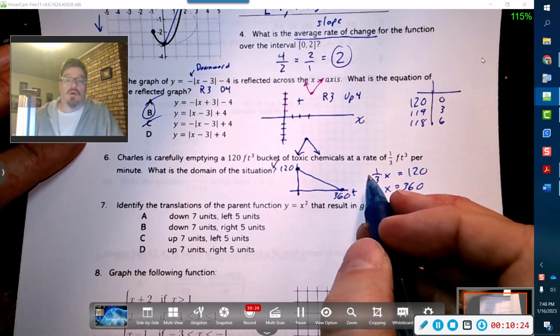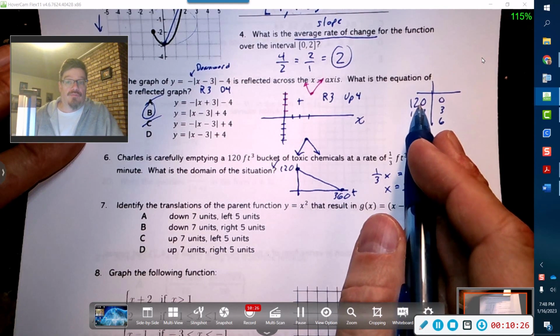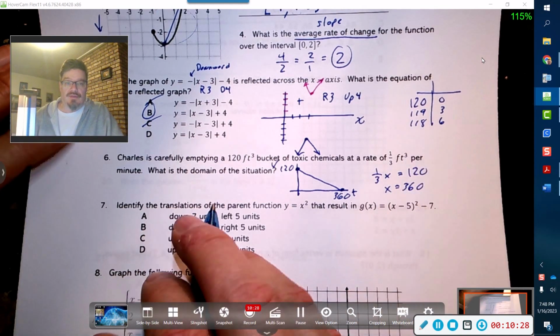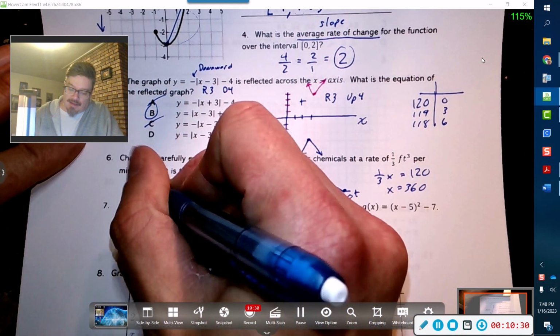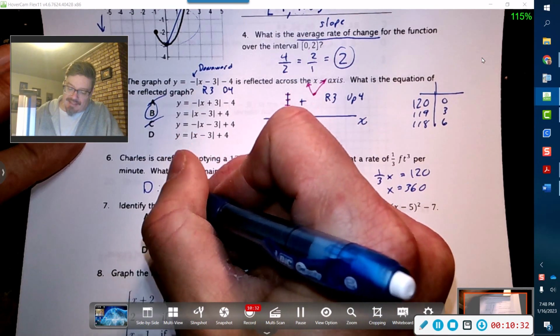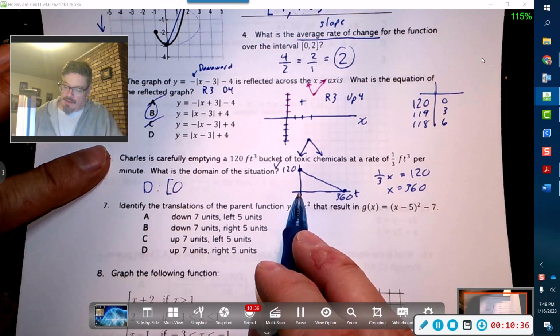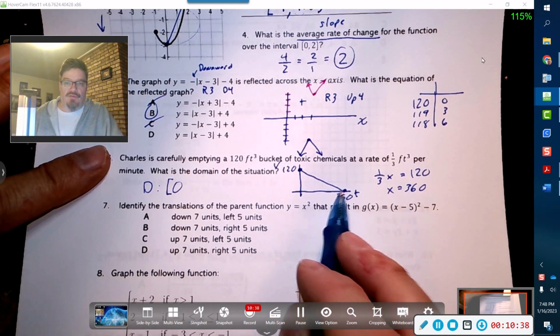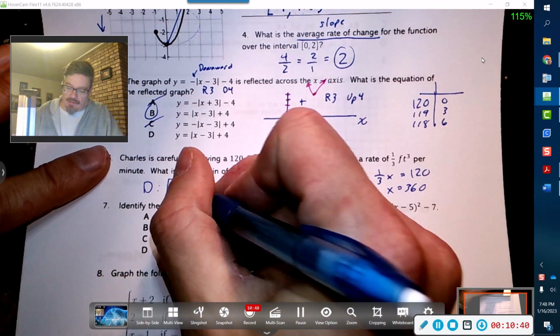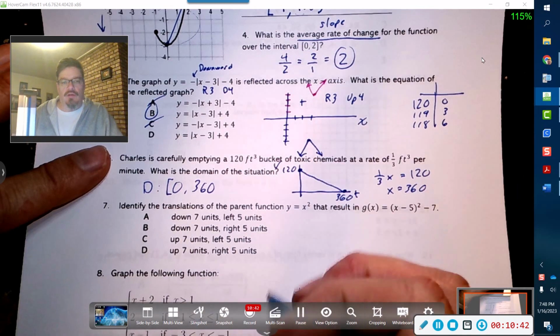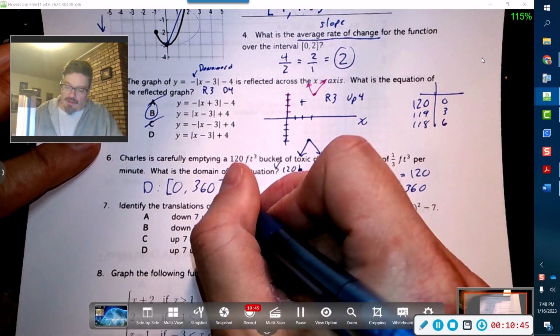And you'll notice that, yeah, if I multiplied this guy by 3, that's what's going to take me to 360. Anyways, the domain then, you start off at 0 for time, the beginning time, and then at 360 is when it finally empties out. Okay. Now, if you include 360, I think that's better.